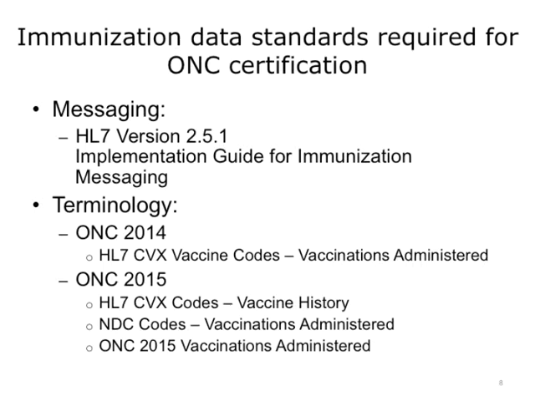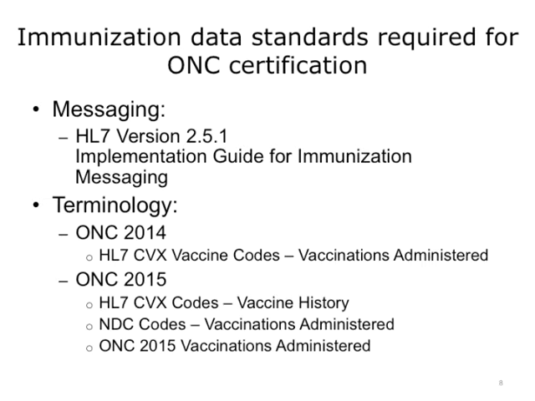ONC certification requires that standards are used to communicate immunization information between systems. The standard for the immunization messaging is HL7 version 2.5.1. In specific, the HL7 version 2.5.1 implementation guide for immunization messaging. Standard code systems are used to represent the type of immunization being communicated.